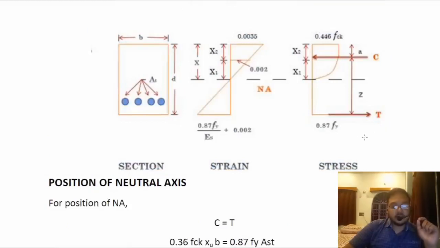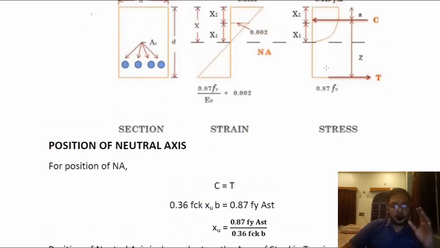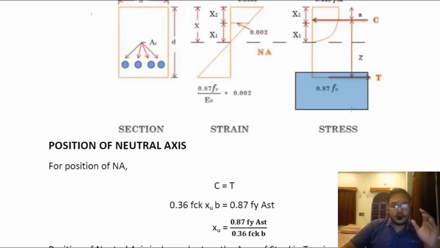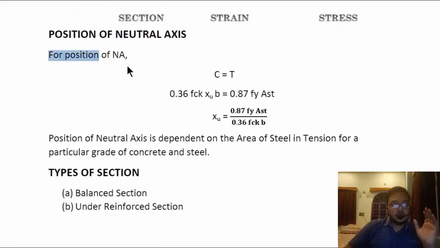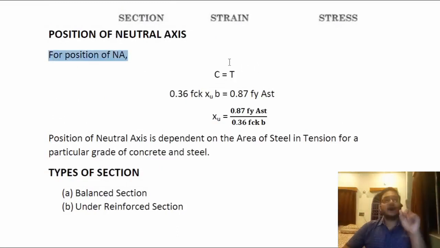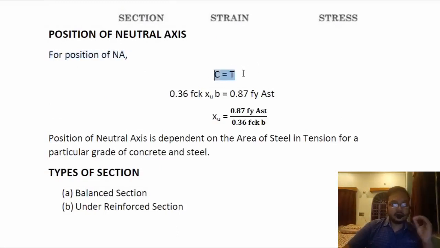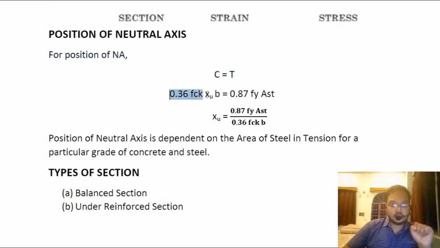is the amount of stress that a steel can take up, and also let us consider that the area of steel is AST. Just keep in mind, the neutral axis is that point where the compressive force is equal to the tension force.